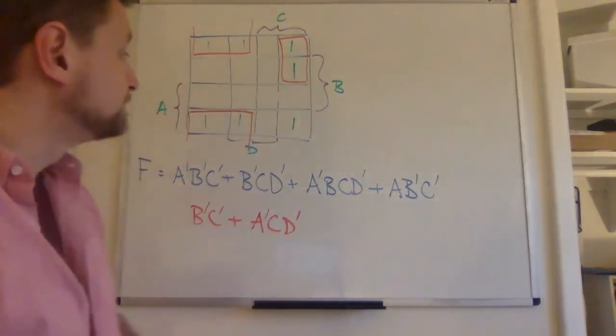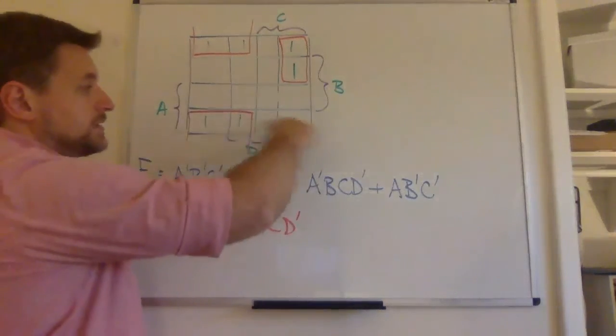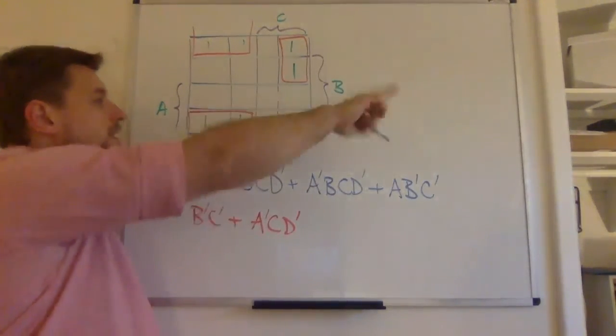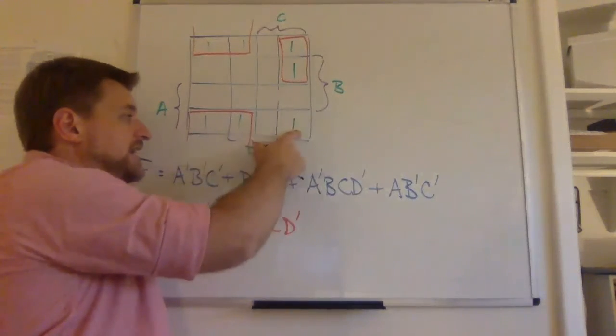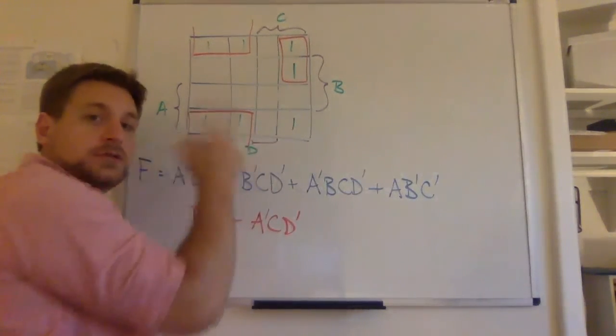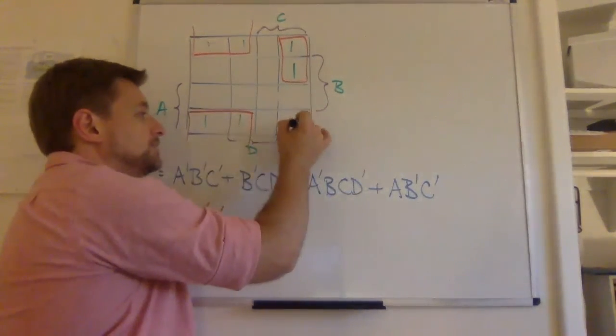See, here's the cool thing. We know that the map wraps from right around to left. 8, 9, 11, 10. 10 and 8 differ only by 1 bit. So it works this way.